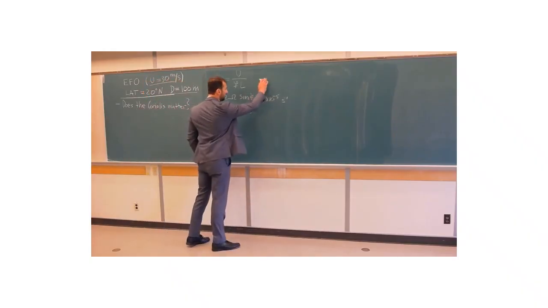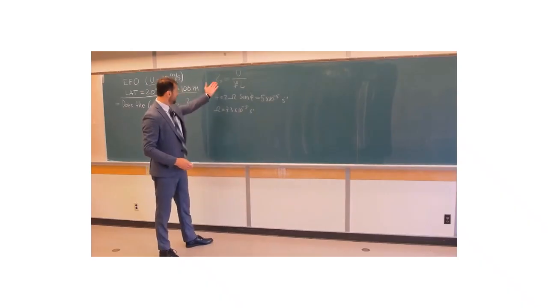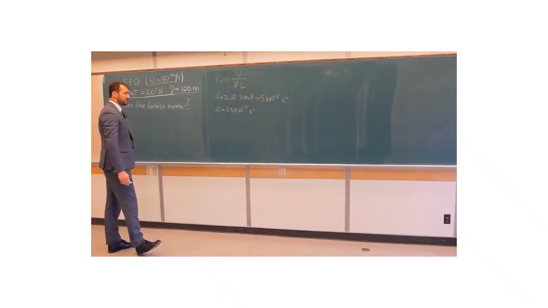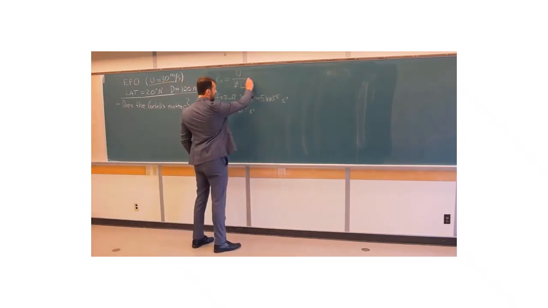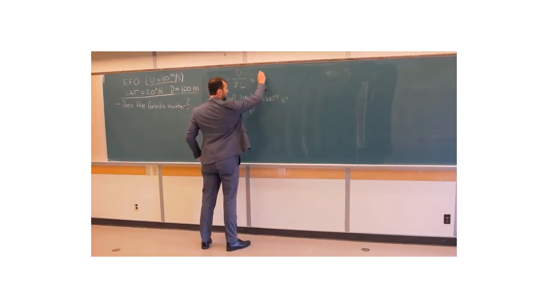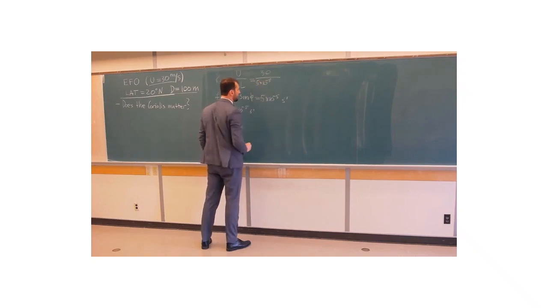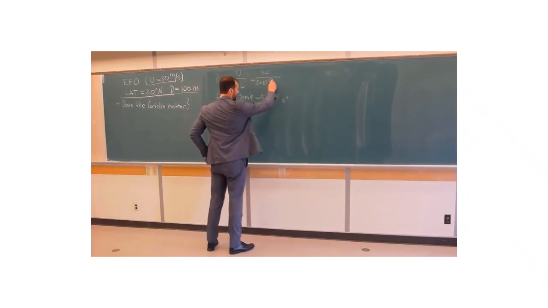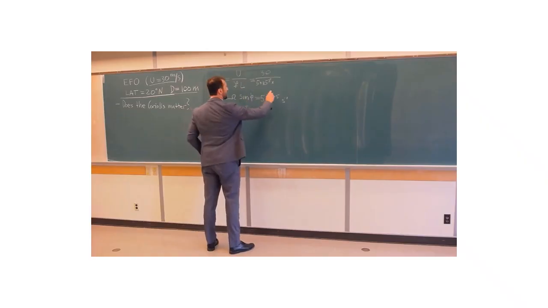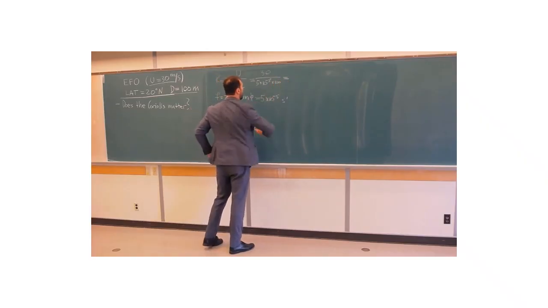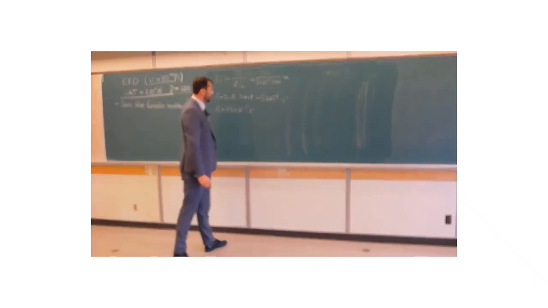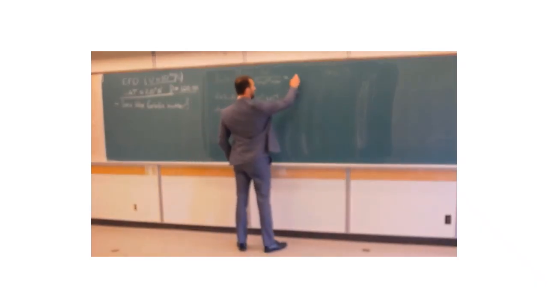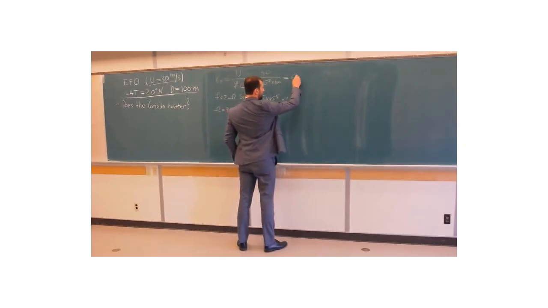So when we get a result, judging on the value of this number, we can answer this question: does the rotation of the Earth matter? So this is equal to, U is 30 meters per second, f is 5 times 10 to the power negative 5 s^-1. Everything is in SI units, so I don't put units over there. And times the characteristic length, 100 meters. Now, if you calculate this, you will get a value that is approximately 6,000.